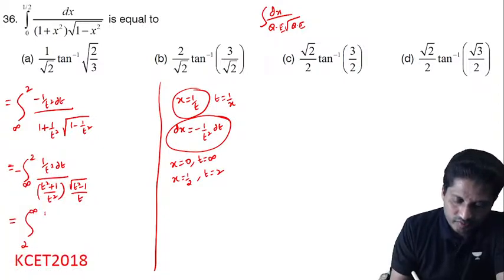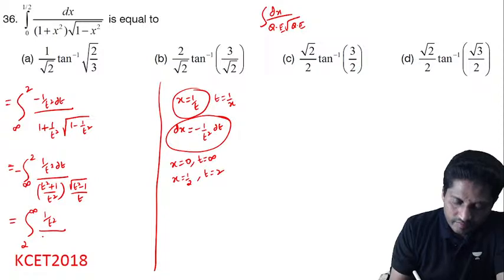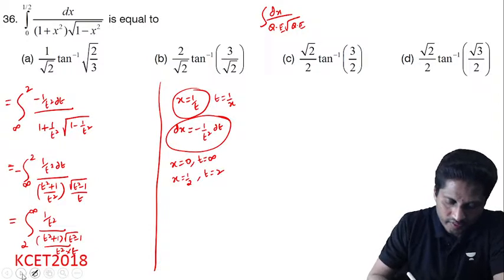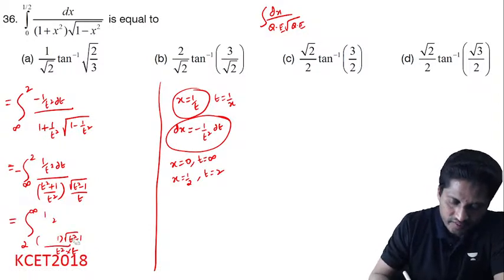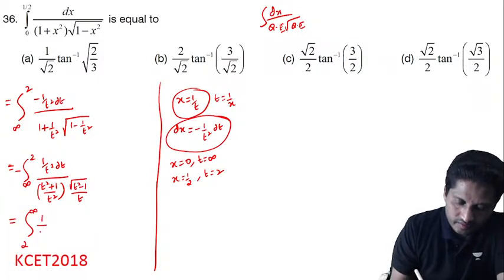So this is 1 by t square divided by t square plus 1 to root of t square minus 1, divided by, this is t square into t. Now this fellow goes to numerator, or you simplify this. I can write 1 by t square.